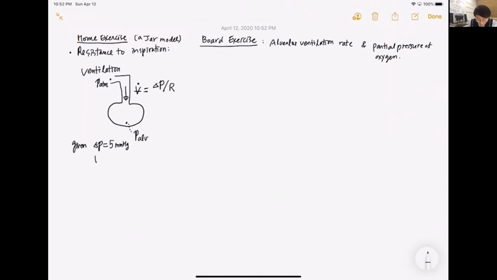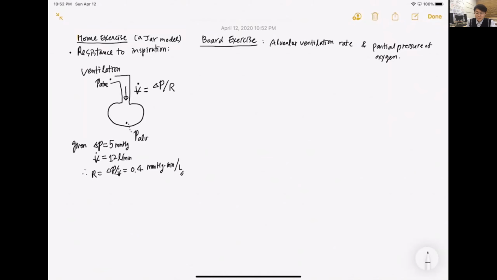And we have calculated our volume flow rate as, for example, 12 liters per minute. Then the resistance can be calculated as pressure difference divided by volume flow rate, which is 0.4 mmHg times minute per liter.